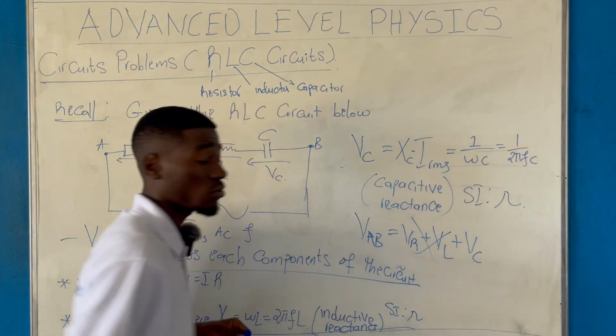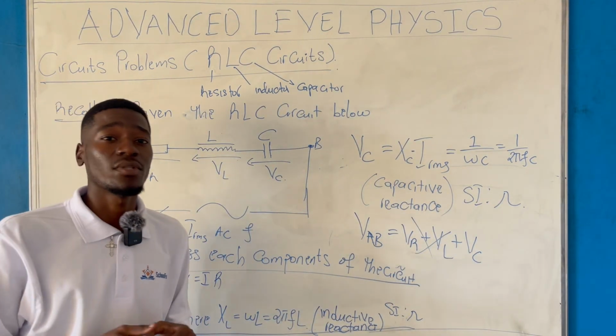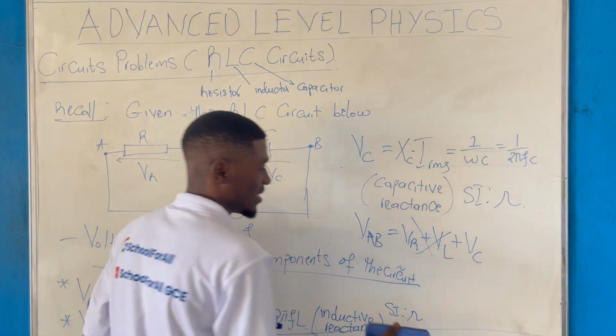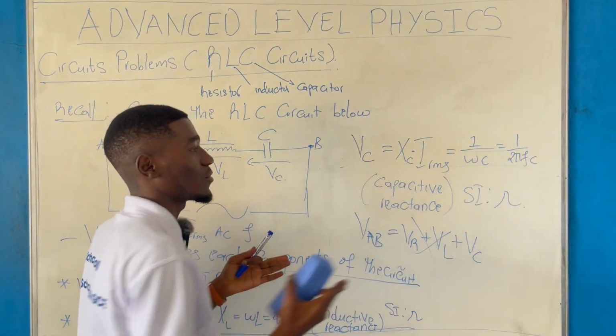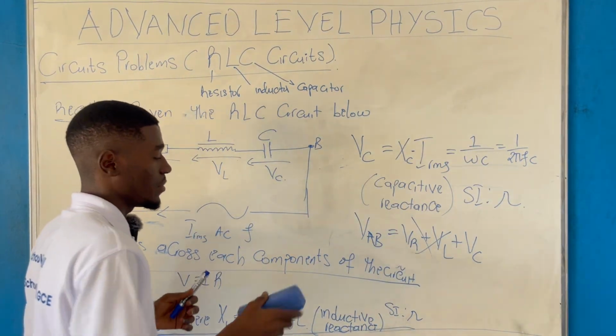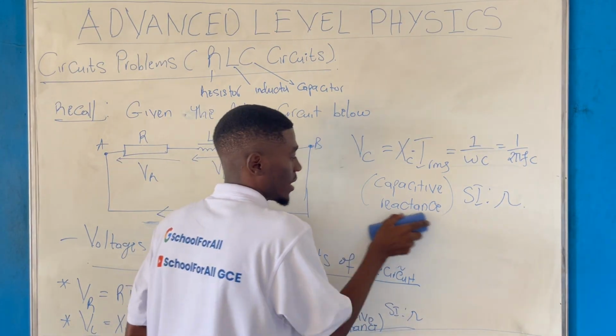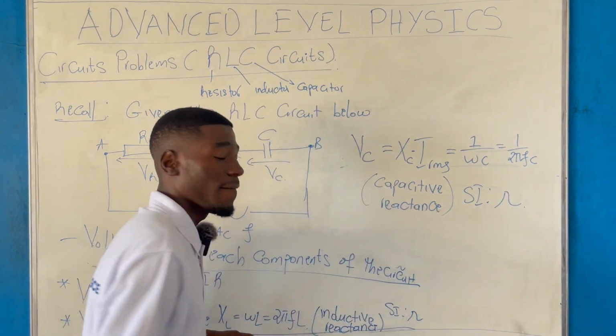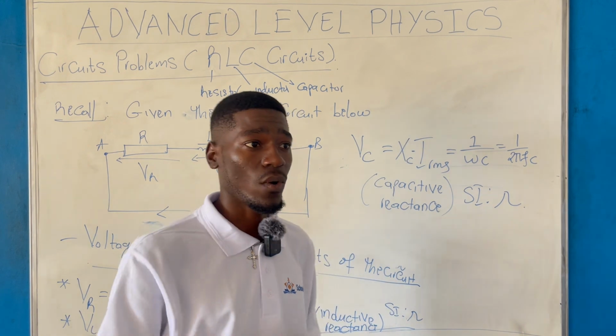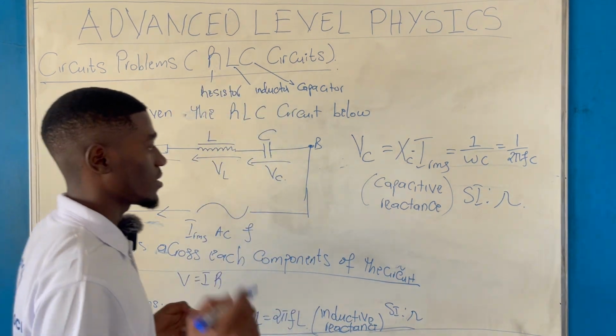No, it's not correct, because when we do the phasor diagram, you see that they are not in phase. They are not in the same phase that you can add them algebraically. The only way to add them is what we call vectorially, or using phasor addition. We'll talk about it after.